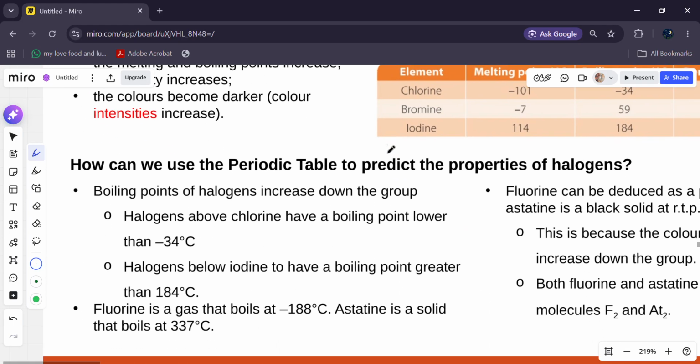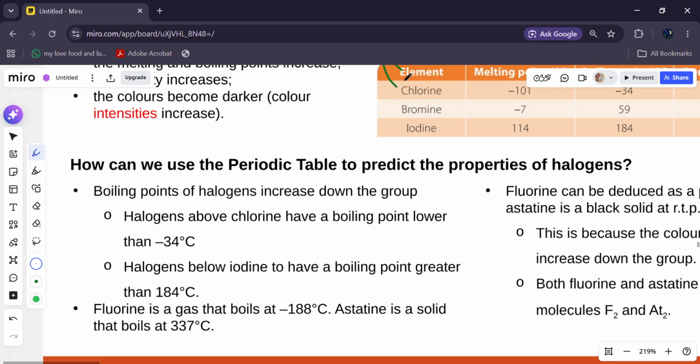So how can we use the periodic table to predict the properties of halogens? Since the boiling point of halogens increases down the group, we should expect the halogen above chlorine to have a boiling point lower than negative 34 degrees Celsius. Chlorine is a gas that boils at negative 34 degrees Celsius, while similarly we should expect the halogen below iodine to have a boiling point greater than 184 degrees Celsius.